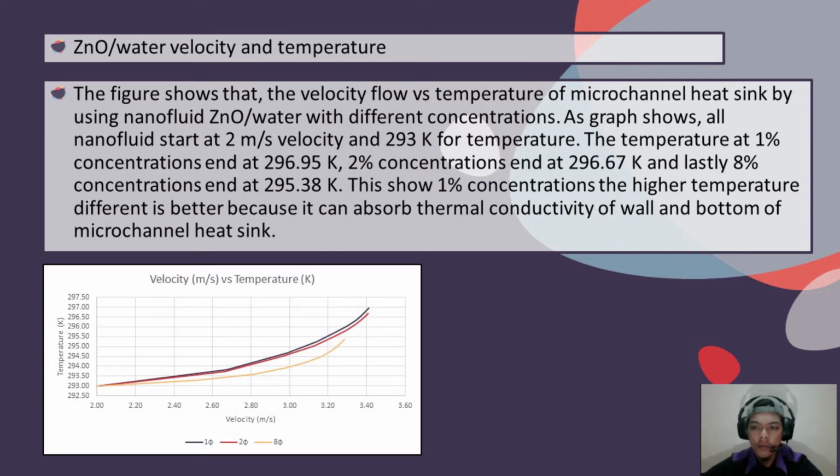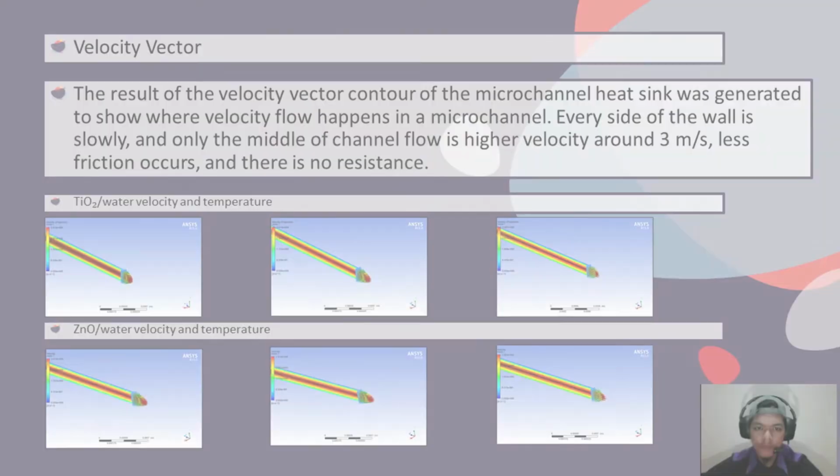The temperature at the first concentration and at 296.65 Kelvin for the second concentration and at 296.67 Kelvin, and lastly at 295.38 Kelvin. This shows that one concentration has a higher temperature difference because it can absorb thermal conductivity of the wall and bottom of the microchannel heat sink.